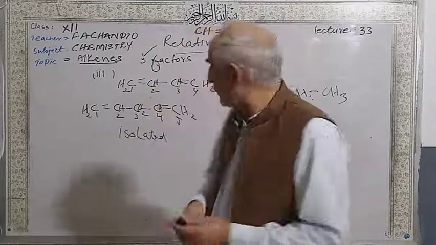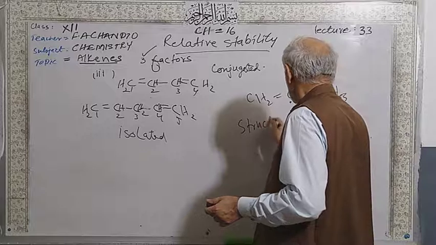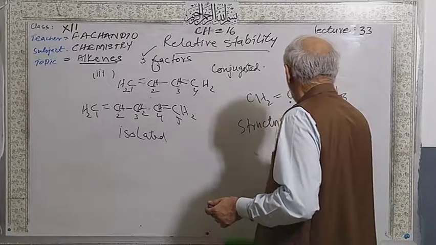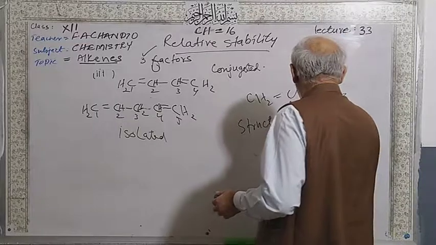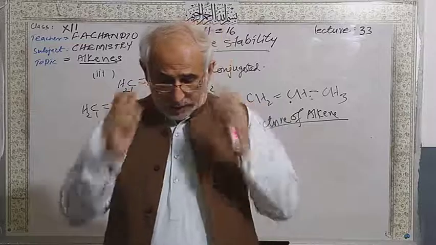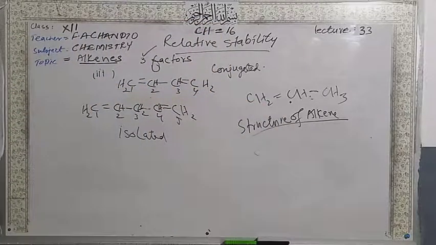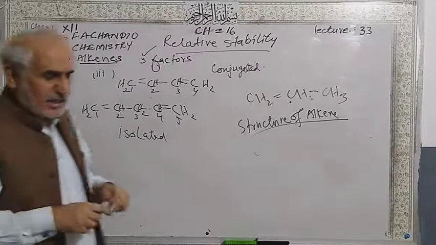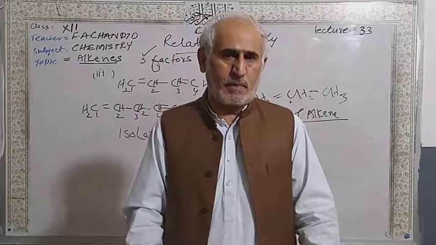Now, the structure of alkenes. In alkenes there is a double covalent bond, sp2 hybridization.